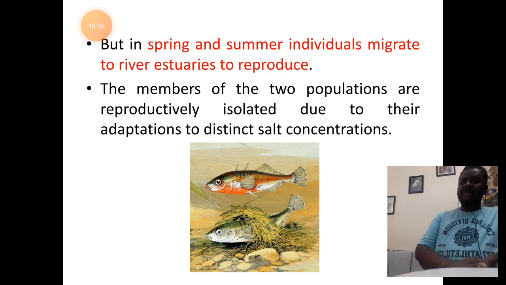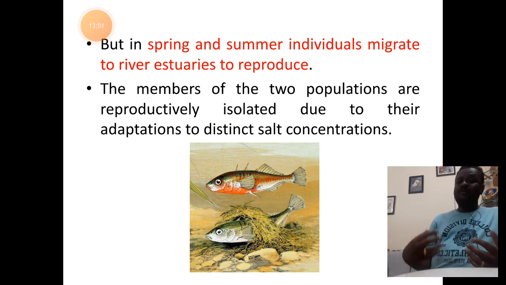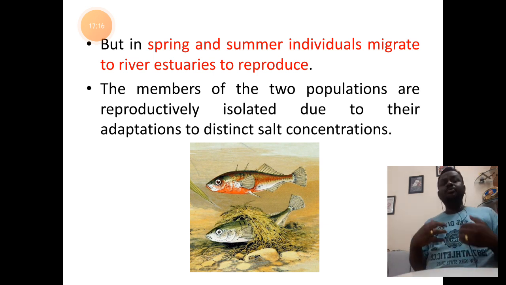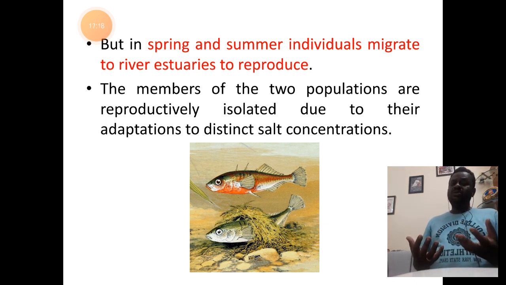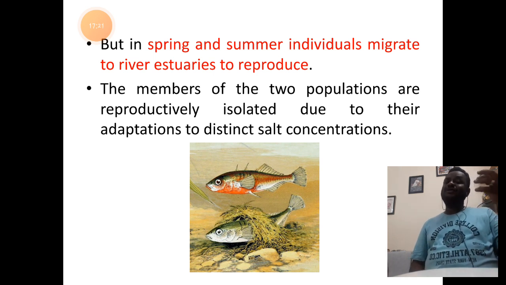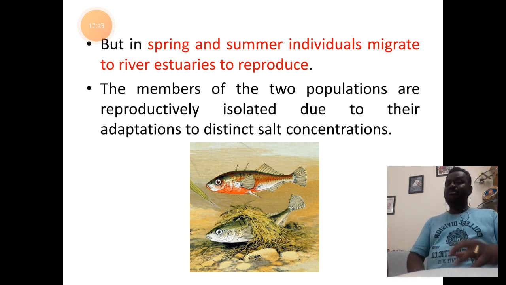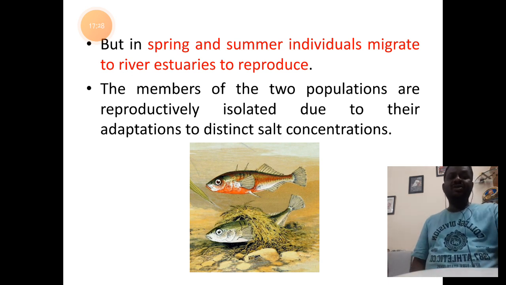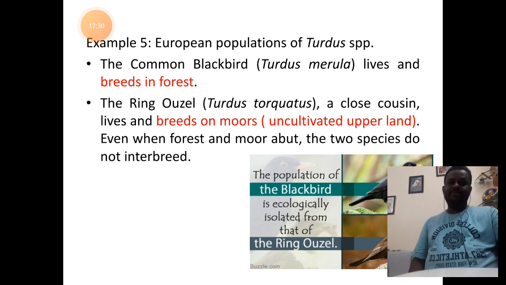But in spring and summer seasons, individuals of the two species migrate to river estuaries to reproduce. The members of two populations are reproductively isolated due to the adaptations to the distinct salt concentration of water they select for their breeding process. So salt concentration varies between these two species for the breeding process.